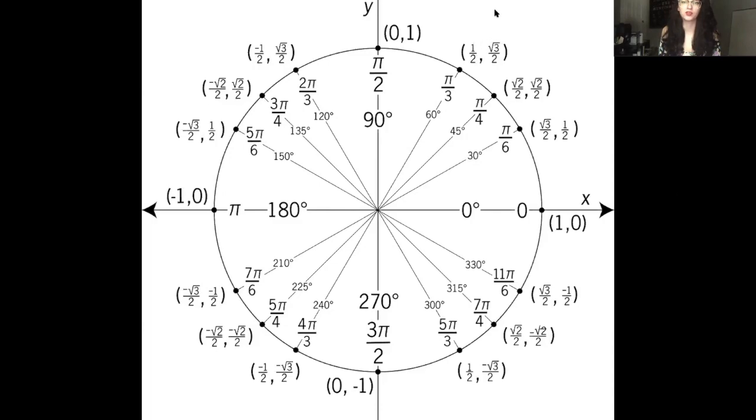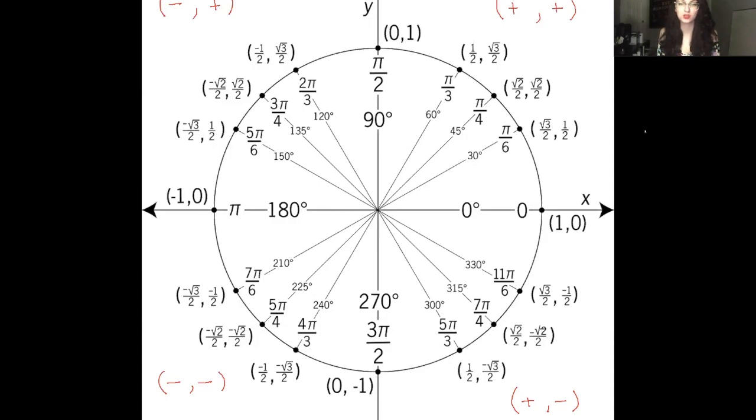In the first quadrant, the cosine and sine are both positive. In the second quadrant, the cosine is negative and the sine is positive. In the third quadrant, the cosine and the sine are negative. In the fourth quadrant, the cosine is positive and the sine is negative.